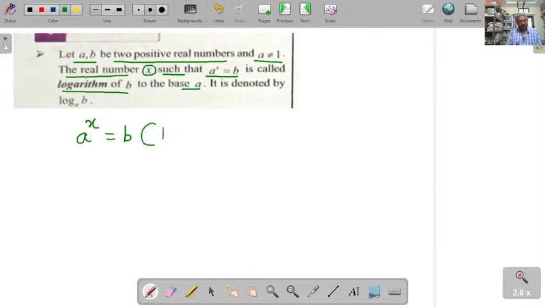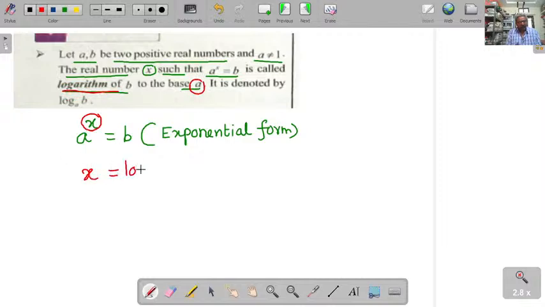For example, a power x is equal to b. This is called exponential form. We need to change this into logarithmic form. Logarithmic form means this x is called the logarithm of b to the base a. So x is equal to log b to the base a.